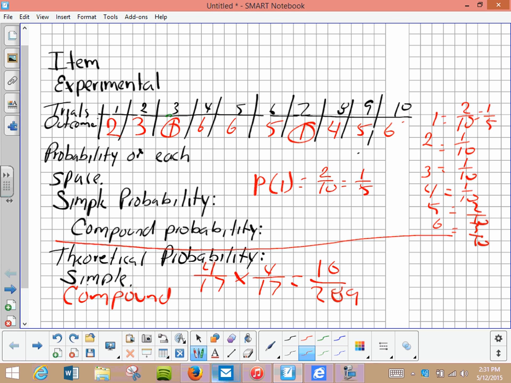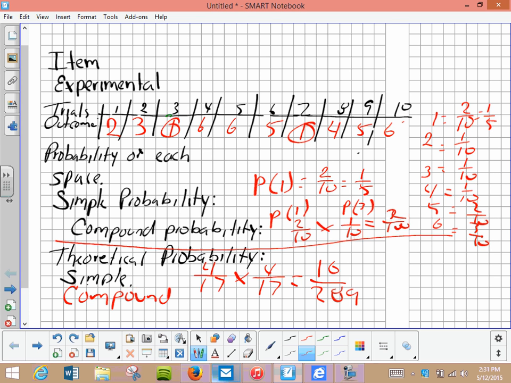Compound? 1 is 2 out of 10. And then 3? So you multiply them, you get 3 out of 100, right? Oh, yeah, sorry. 2 out of 100 because you multiply them. What is wrong with me? Yeah, 1 out of 50. Good. So that was that.